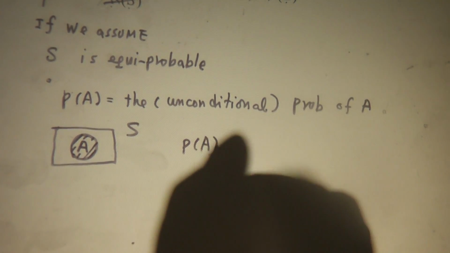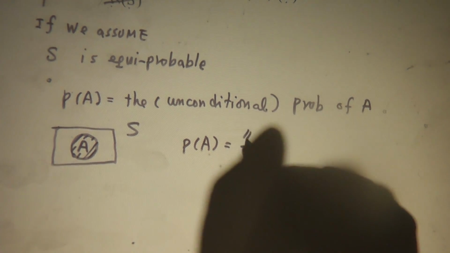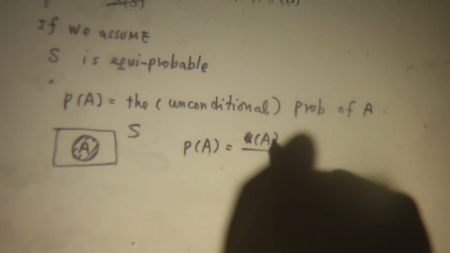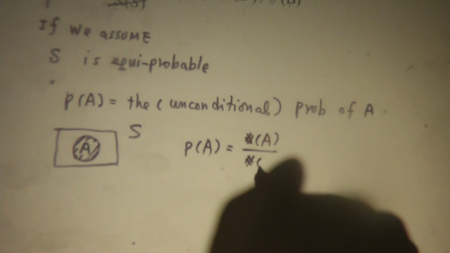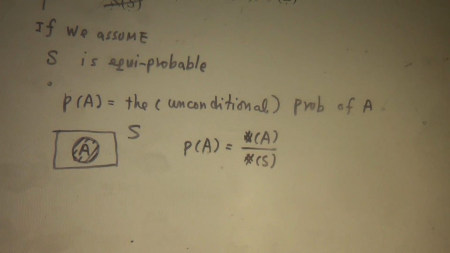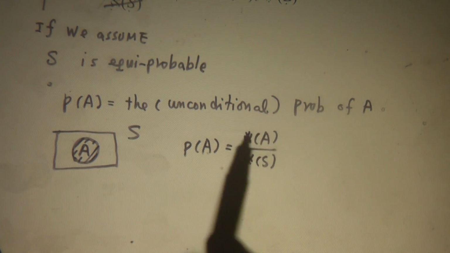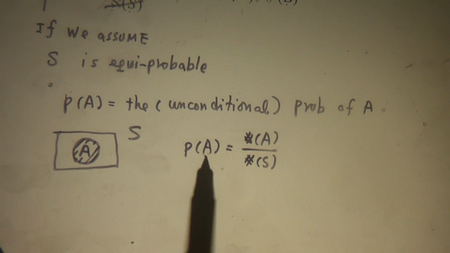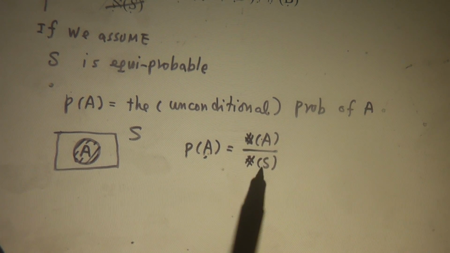P(A) is equal to number of outcomes in A divided by number of outcomes in the sample space. This is unconditional probability. For event A, the chance that we're going to see event A happen depends on the ratio.